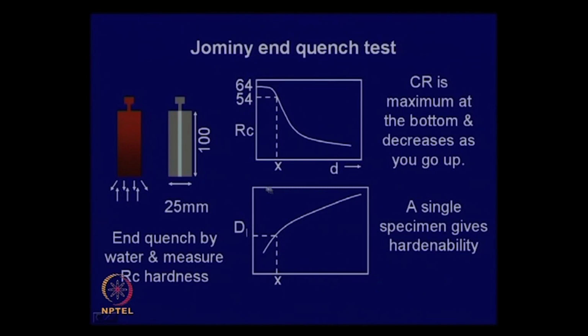And in fact, such plots are available, which help you to convert the Jominy hardness depth to ideal critical diameter. So therefore, this is the most popular method for determining hardenability of a particular steel.